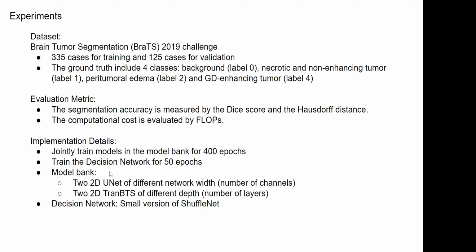For the models in the model bank, I use 4 models: two 2D U-Nets of different network weights and two 2D TransBTS of different depths. TransBTS is just a transformer segmentation method. And for the DCE network, I'm using a small version of the ShuffleNet. Then this DCE network's computation cost is much smaller compared to those segmentation networks.